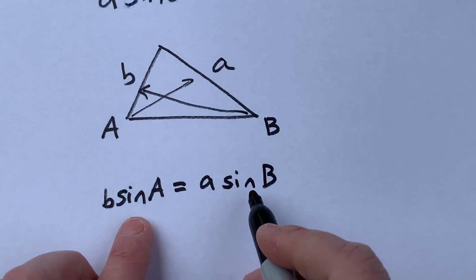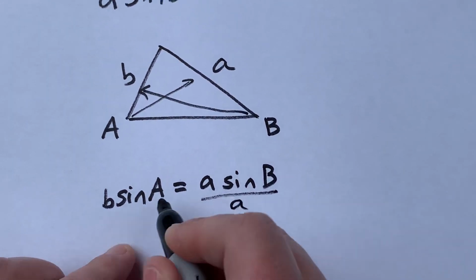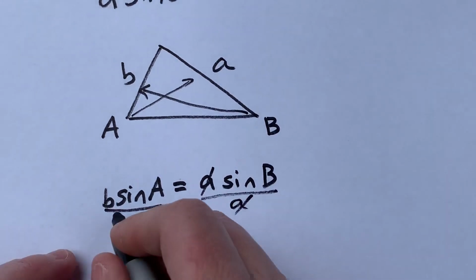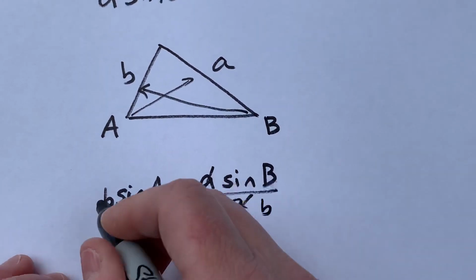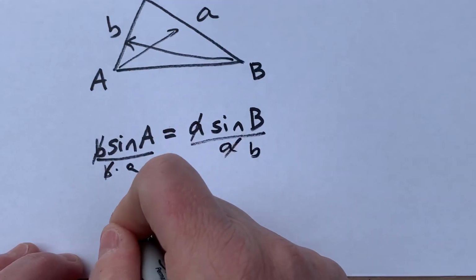And now I'm going to get all of my A's over to here. So I'm going to divide both sides by a. These would cancel. Then I'm going to divide both sides by b. These would cancel. And what I'm left with is this equation here.